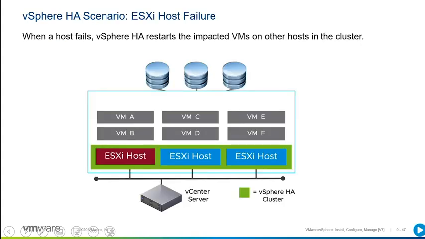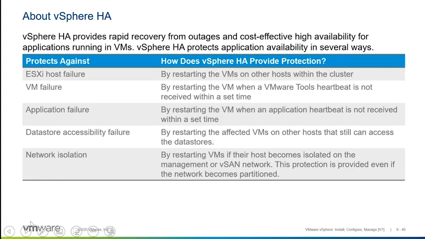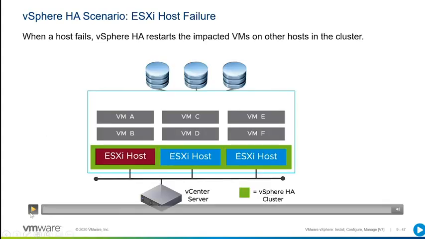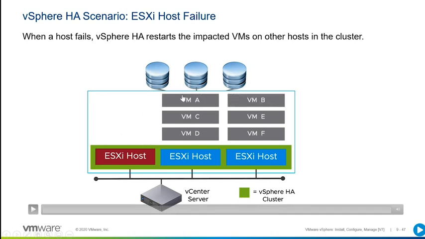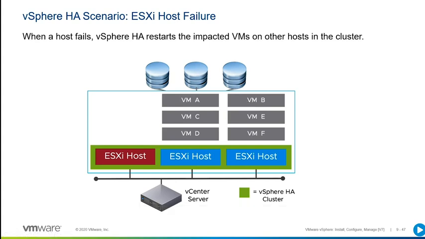So looking at an individual host failure here with ESXi, if we should happen to lose an ESXi host here and the virtual machines go down with it, what we're actually doing here is just finding remaining ESXi hosts and powering those virtual machines on the available hosts. I want you to note a couple of things here.